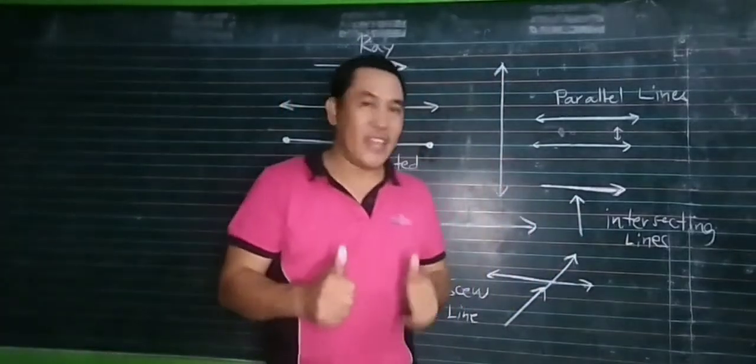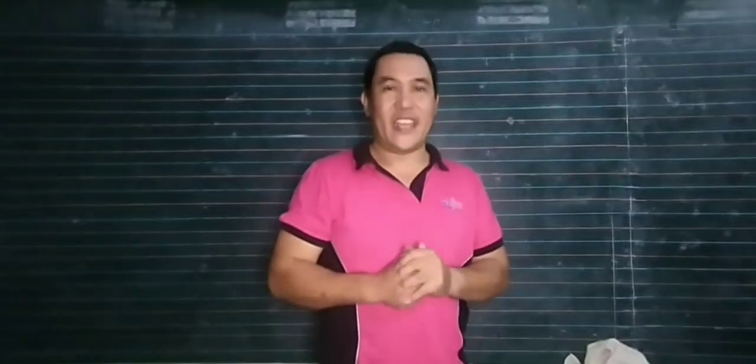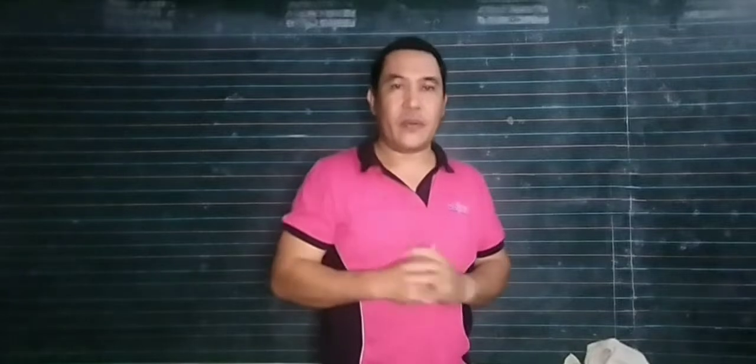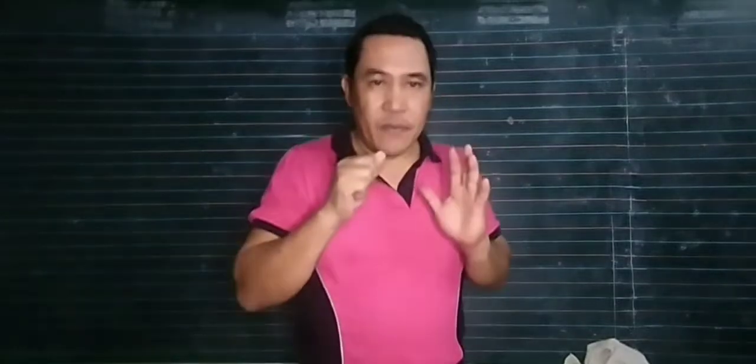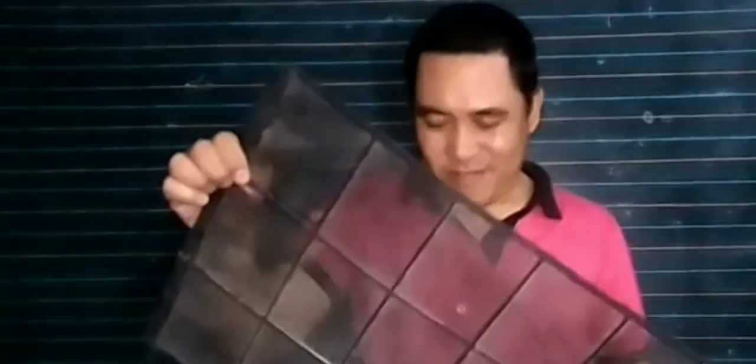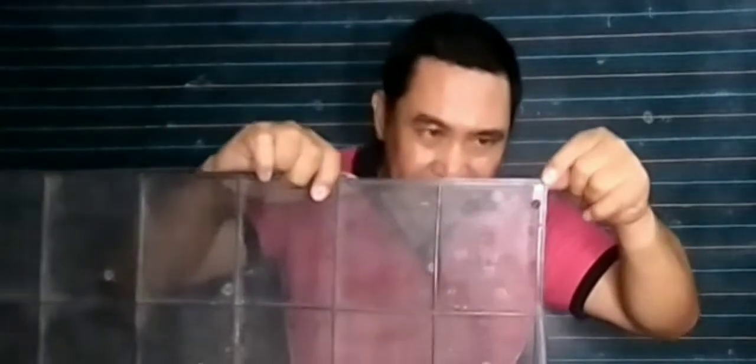Now we will talk about angles. I am going to illustrate angles to you. For your information, you cannot form an angle without lines. What do you think I am holding? Alright, it is an object. This one going there is called a line.